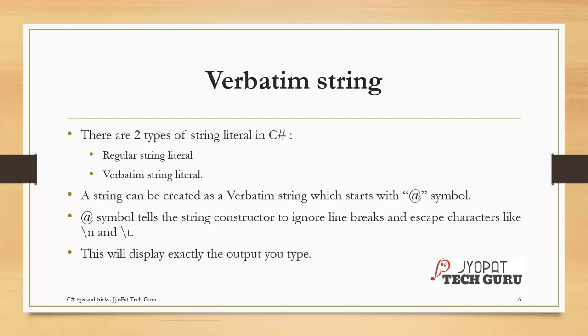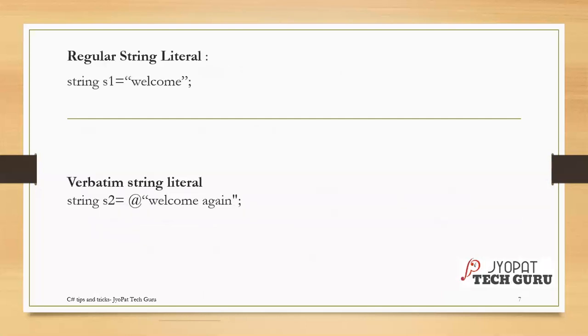The @ symbol tells the string constructor to ignore the line breaks and escape characters like \n and \t. If you have a number of escape characters within a string, then it will try to ignore them. So whatever you write, the same thing will be the output. Regular string will be like this. Verbatim string will always start with the @ symbol.